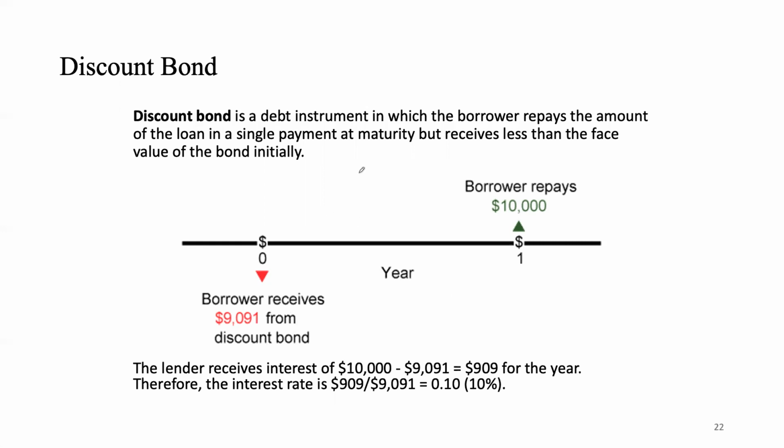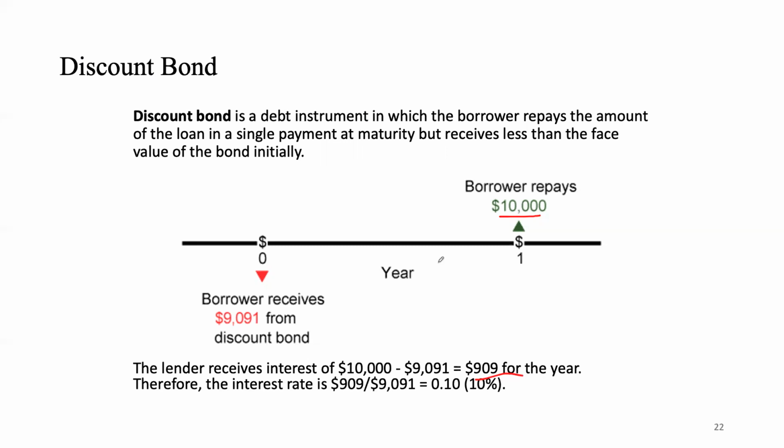If I think about this discount bond, the borrower is set to borrow $10,000 in principal, so the borrower has to repay $10,000, but he receives only $9,091 from the discount bond. The difference between the $10,000 that the borrower repays and the $9,091 that the borrower receives is basically the interest payment for the year. The $909 over $9,091 is about a 10% interest rate.